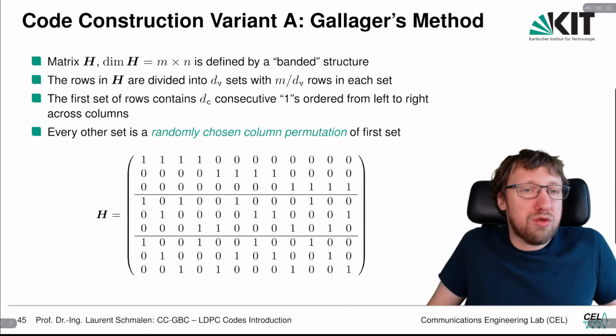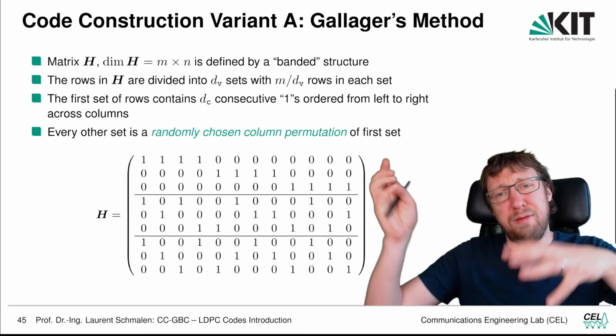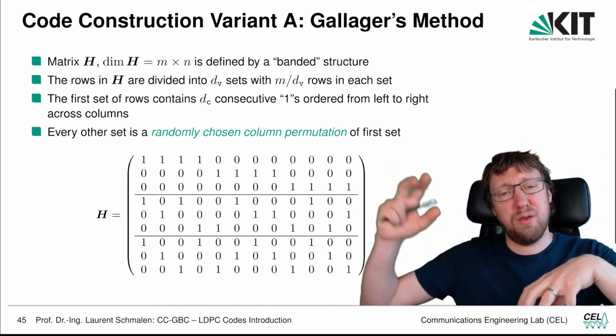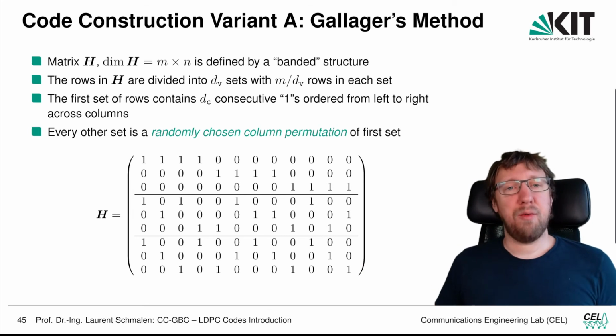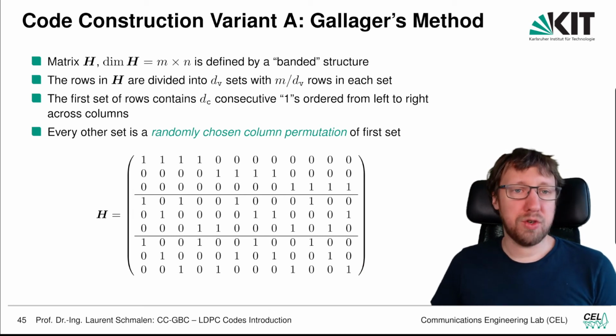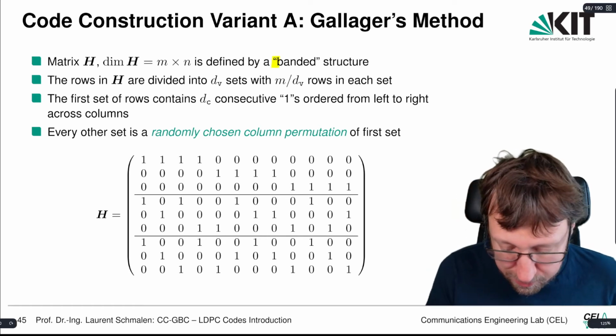So how can we construct such a matrix? It seems to be difficult to construct because we have all these conditions that rows, columns, number of ones must be satisfied. And Gallager came up with a very nice way of constructing the matrix using a banded structure.